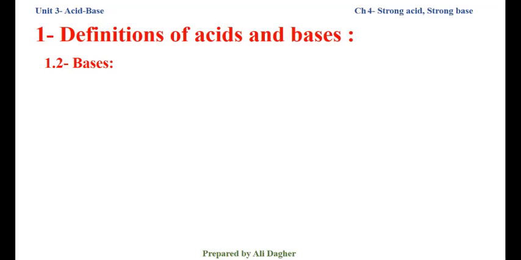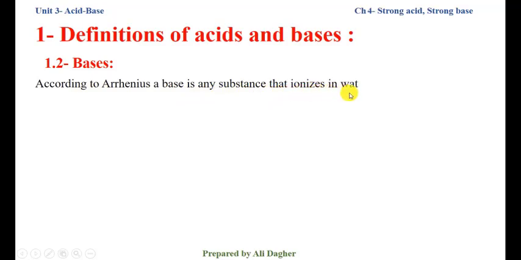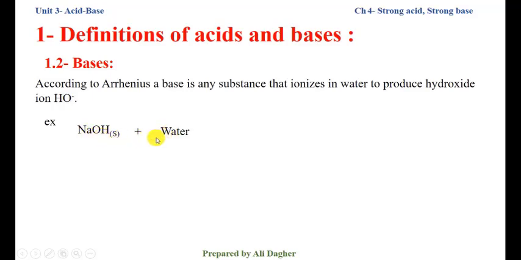Now, base. According to Arrhenius, a base is any substance that ionizes in water to produce hydroxide ion HO-. Example, solid sodium hydroxide NaOH ionizes in water. Water here is a solvent, giving Na+ ion and HO- hydroxide ion.